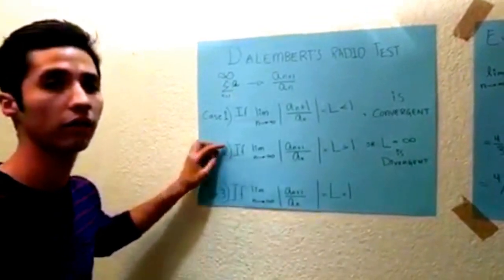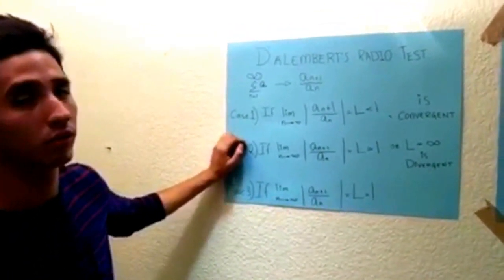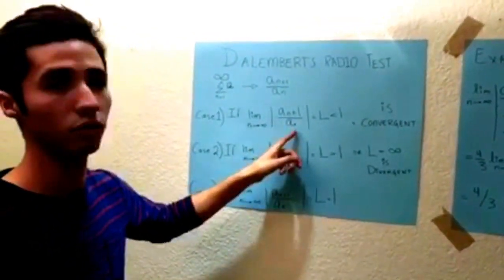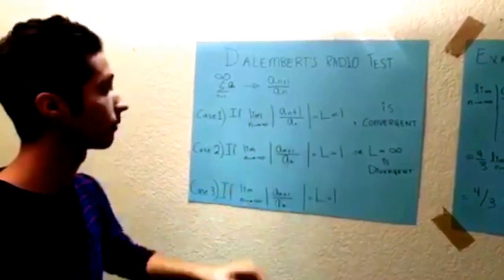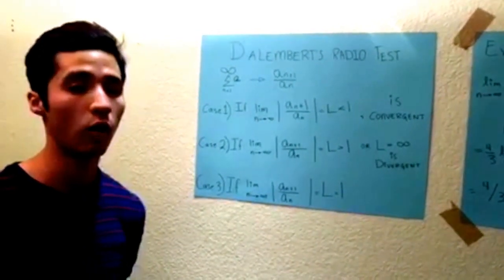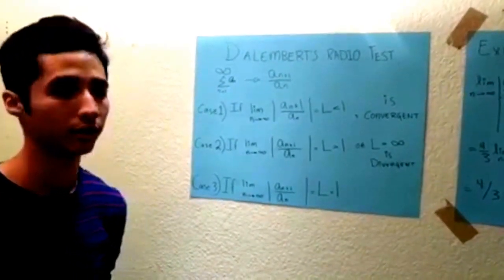In case 1, if the limit as n goes to infinity of the absolute value of a n plus 1 over a n is less than 1, the series is convergent.